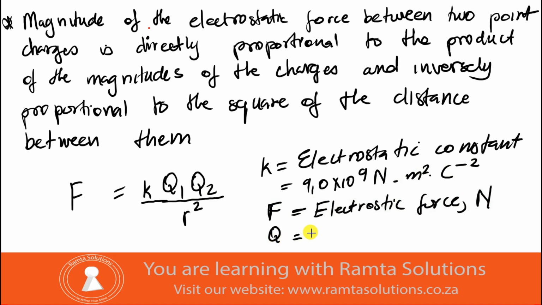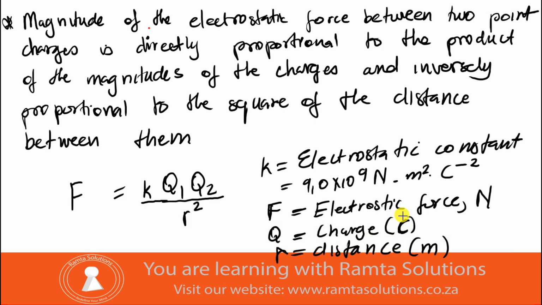Q is charge, measured in coulombs, and R is distance, measured in meters. Remember, guys, this C is a capital C. So these are what these things mean.